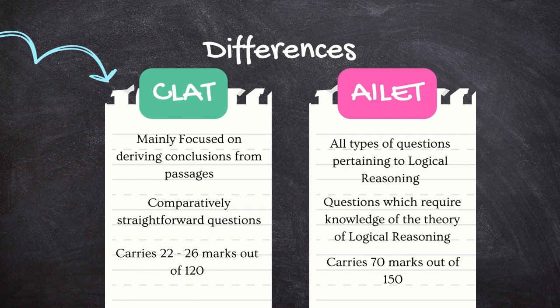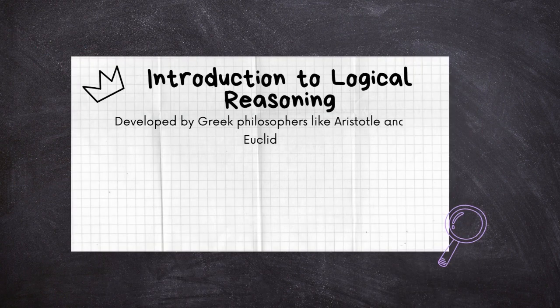So, now let us familiarize ourselves with the basic concepts of logical reasoning. Many of the theories of logical reasoning and related concepts like deduction were developed by ancient Greek philosophers like Aristotle and Euclid. Aristotle used logical deductions to develop his scientific theories, and before him, Euclid used science of deduction and logical reasoning to develop geometry.